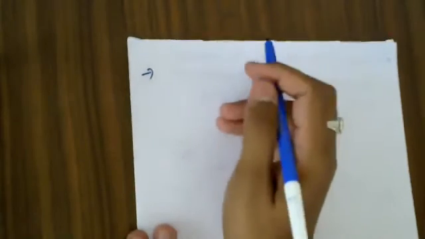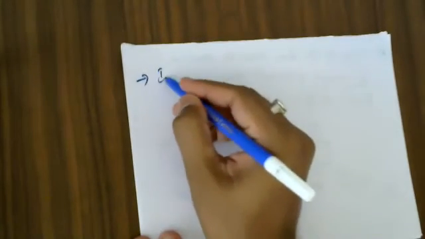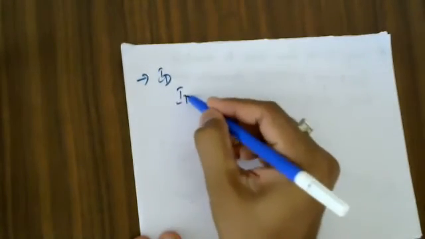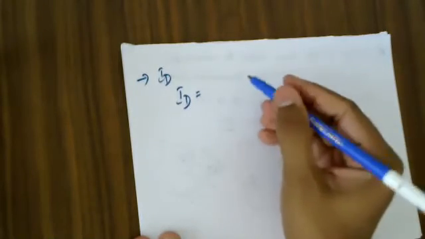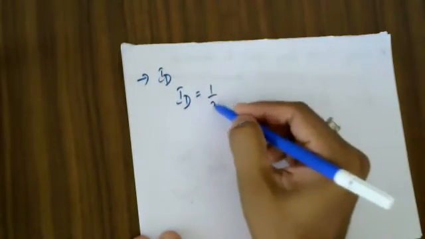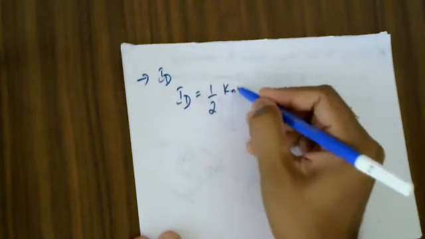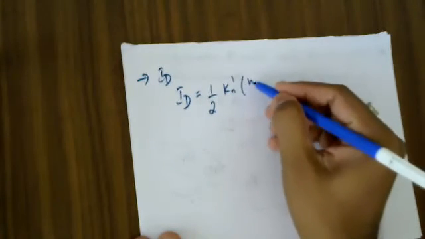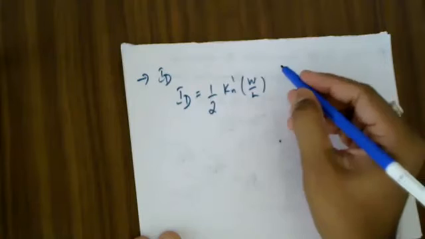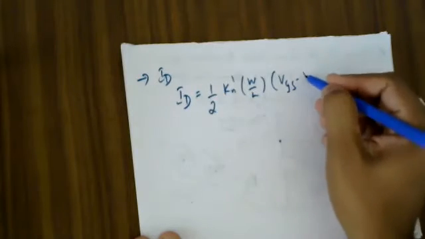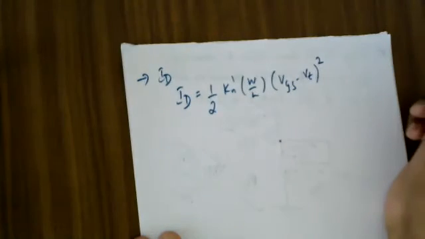So first, to compute the value of this VD, I need to compute the ID. So step one, I need to compute the value of ID. I know the equation for drain current. The drain current is given by ID equals 1 by 2 times Kn dash into W by L into (VGS minus VT) the whole square.